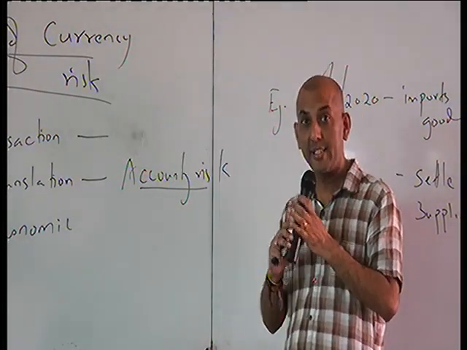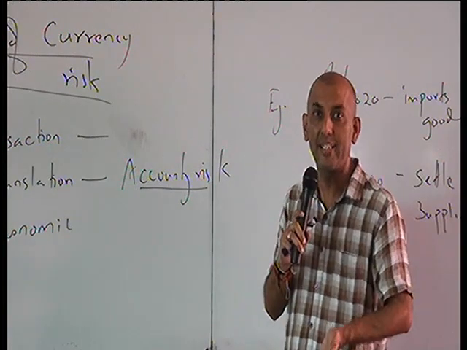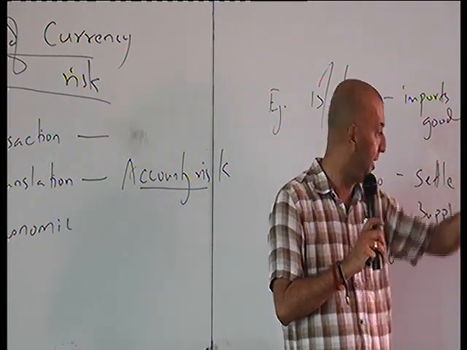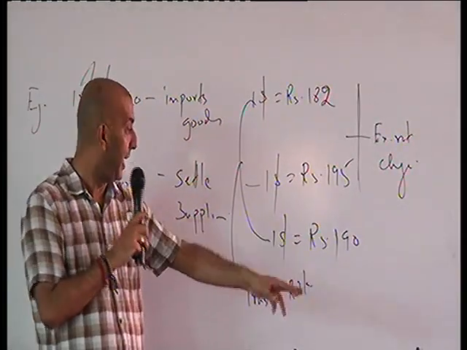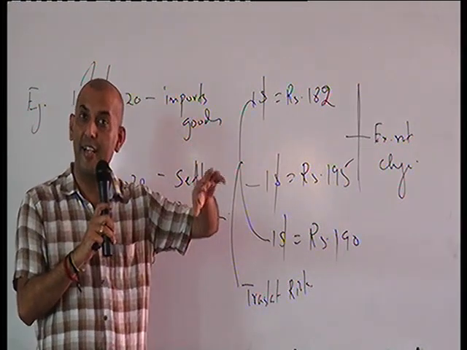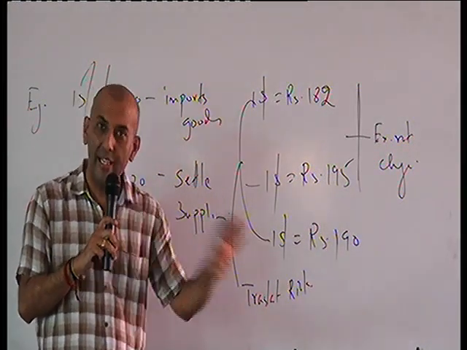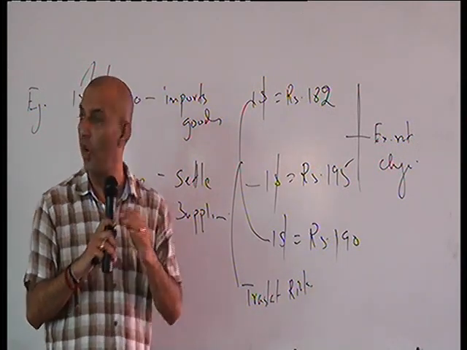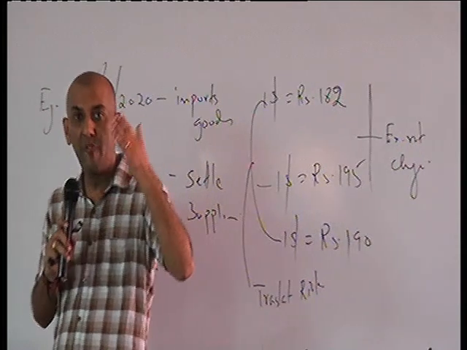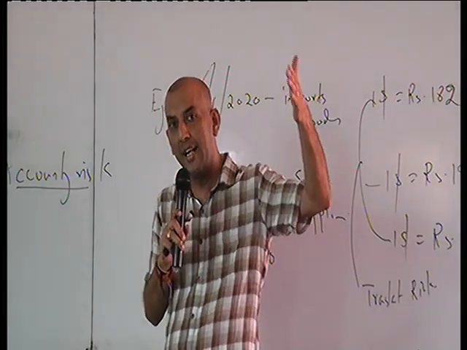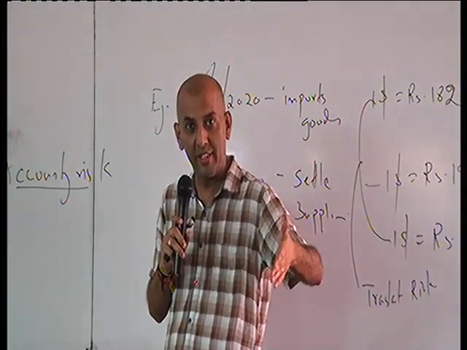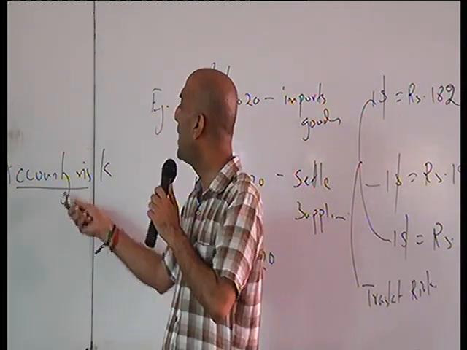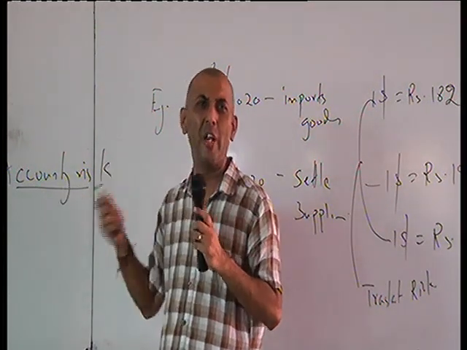But transaction risk is where you are really materializing the risk. You have to pay the supplier at 195. You lose money. Even though translation risk you account for, you do not realize the losses. You will realize the loss when you settle. So please note, translation risk is from the transaction date till the reporting date conversion, whatever the exchange rate variation is called translation risk. This is an accounting risk. It's actually accounting related.